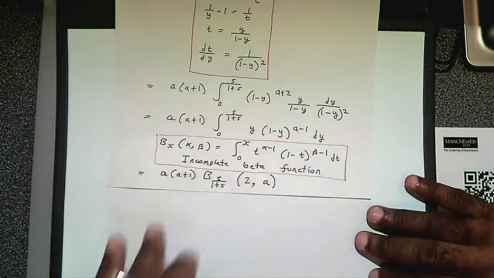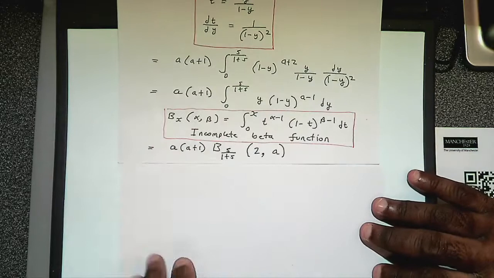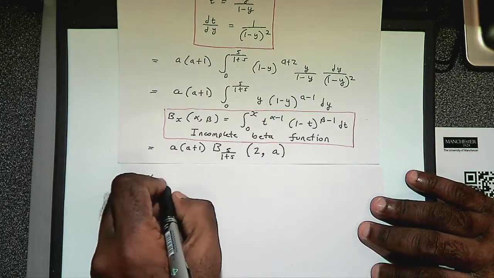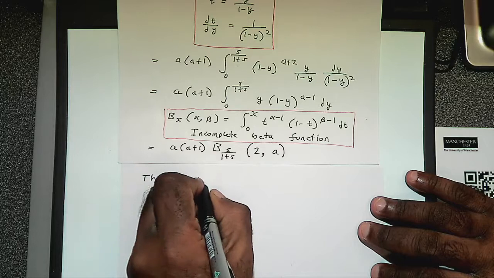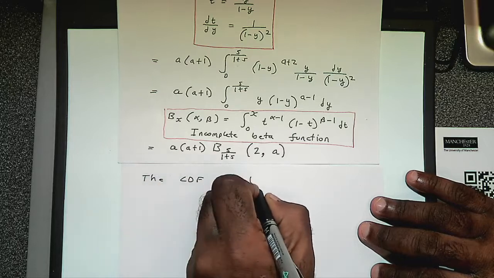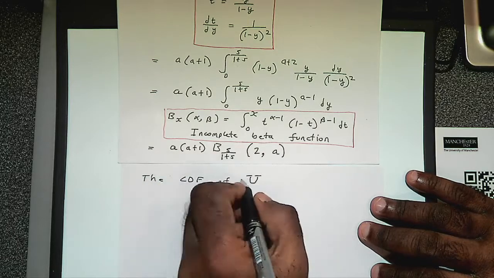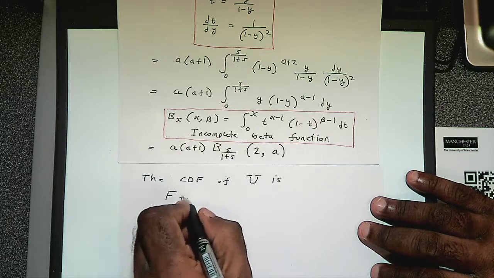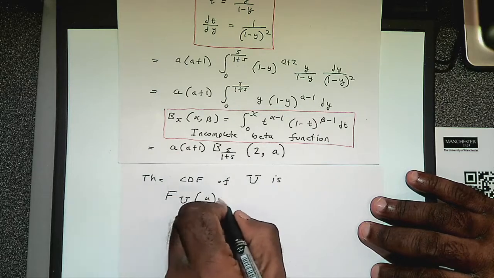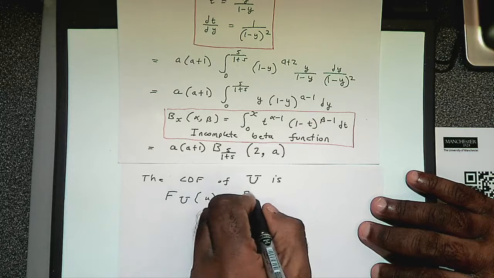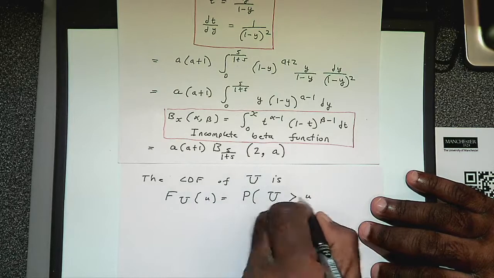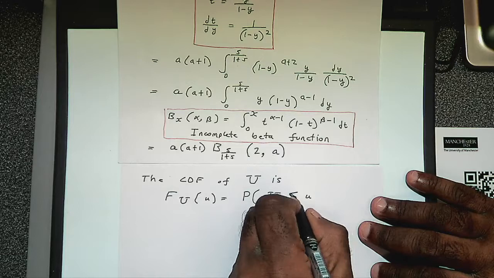So the second part of the example is to find the CDF and the PDF of U. Remember, U is the probability. Sorry, what am I saying?